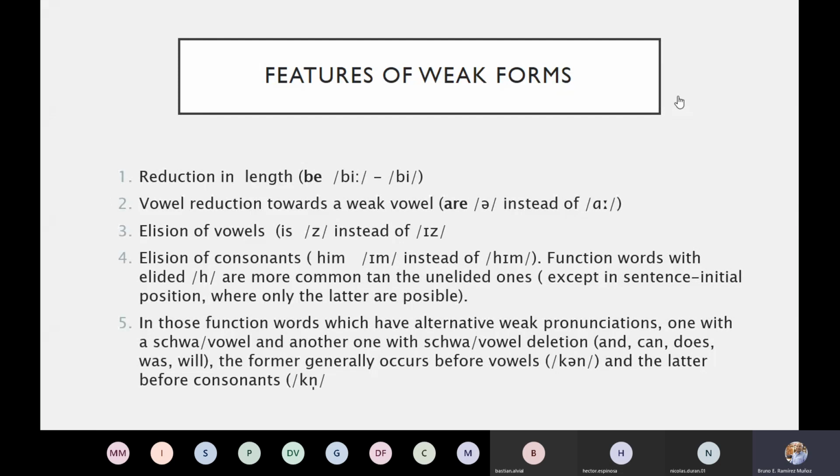The elision of the first sound in him is quite common. For example, in sentences like tell him to wake up, tell him to go to the store. Tell her instead of tell her with the H is also quite common, so it's okay if you prefer to use it instead of the full or strong form. I think it's very common for speakers to use it, so I would definitely use it. I recommend it.